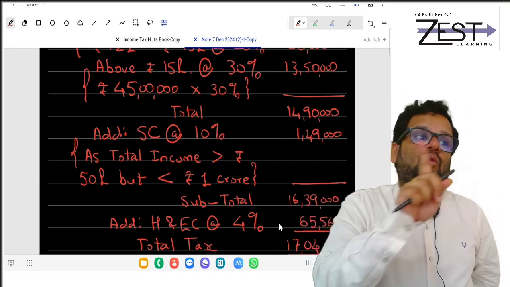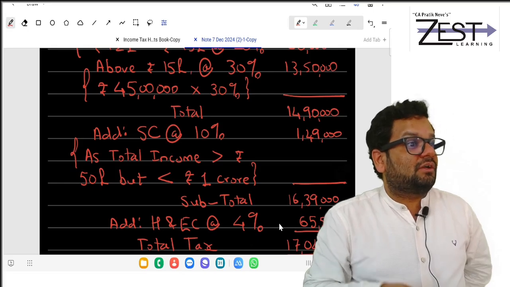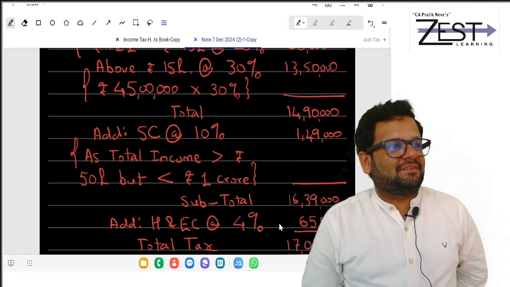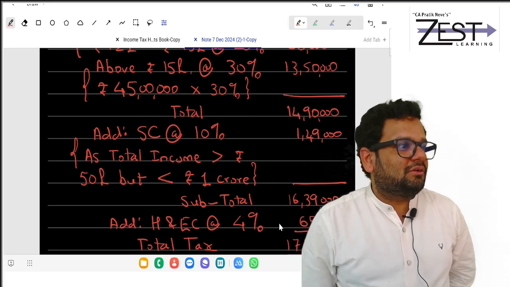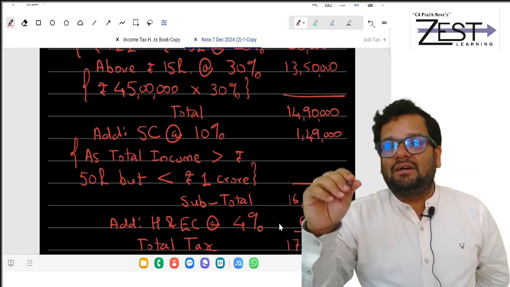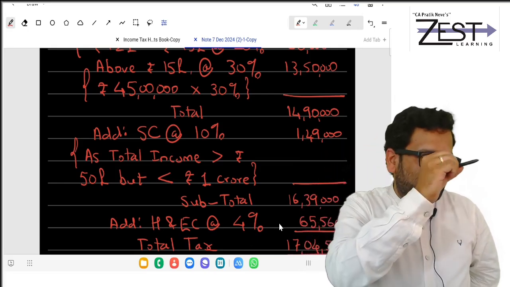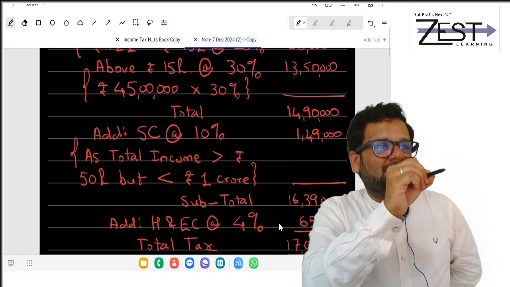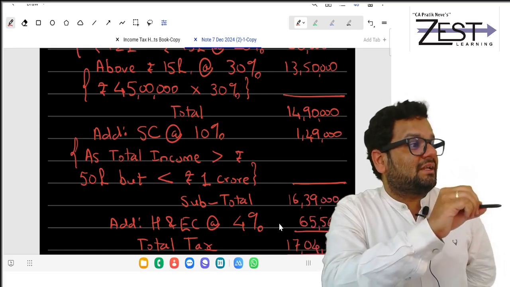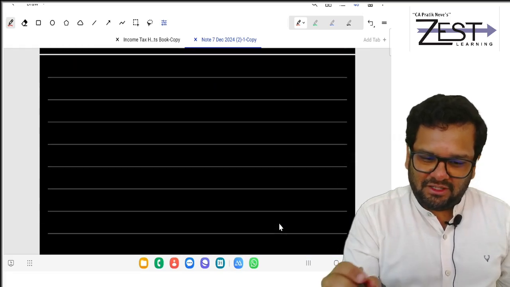If you earn 50 lakh and one rupee, a surcharge of 10% is attracted on the entire tax up to 50 lakhs. That's the problem. So the government says don't worry, we'll give you some relief, called marginal relief.